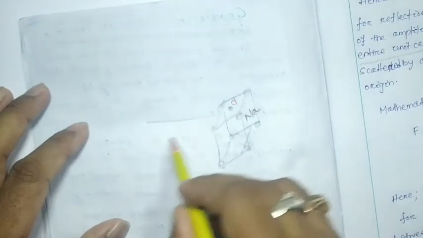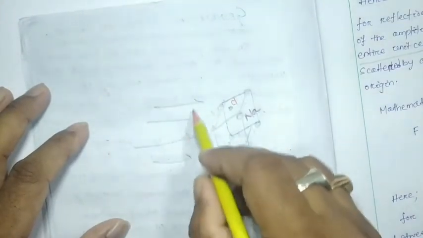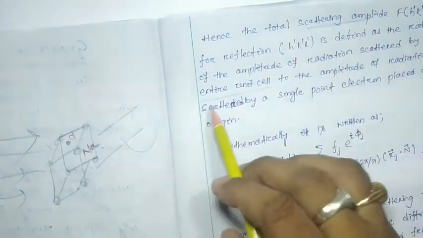When the X-ray falls on this unit cell, the total scattering amplitude, the addition of Cl and Na, is nothing but the amplitude of radiation scattered by the entire unit cell.